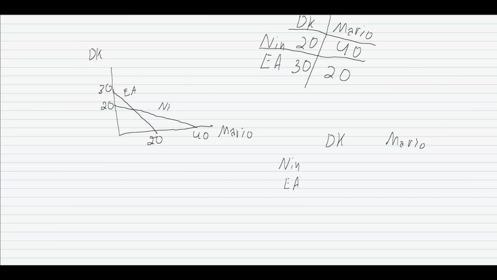I want to find out what's the opportunity cost of making a Donkey Kong game versus a Mario game. That means how many Donkey Kong games do I have to stop making in order to make a Mario game? EA can make 30 Donkey Kong games and 0 Mario games, or 20 Mario games and 0 Donkey Kong games. These numbers indicate the maximum amount of each game they can produce if they don't produce any of the other game.